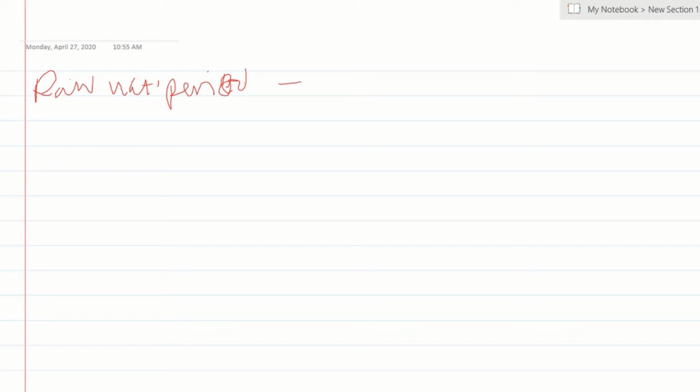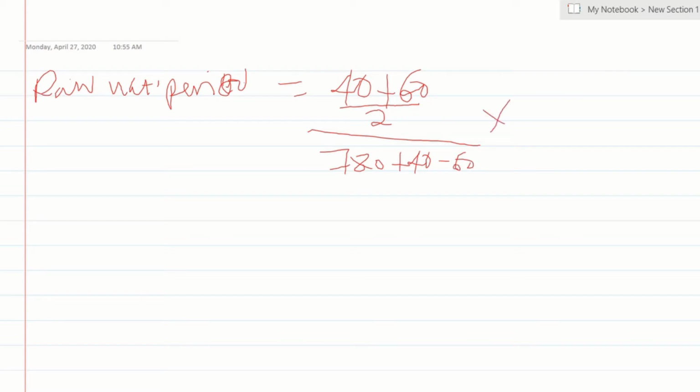The opening stock of raw materials is 40. The closing is 60. We are going to divide this by 2, divided by 780 plus 40 minus 60. Then we'll multiply this by 365.